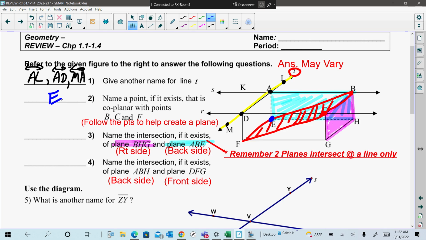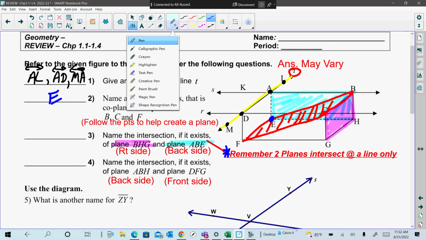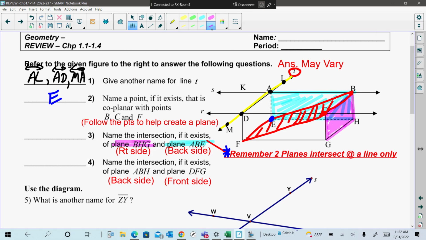On 3, what I did was to help you see the intersection. I gave you a little note here. Remember, 2 planes intersect at a line only. So don't give me 1 letter, you should be giving me 2 to name it. I highlighted the plane: here's B, here's H, here's G. That would have to be the right side.